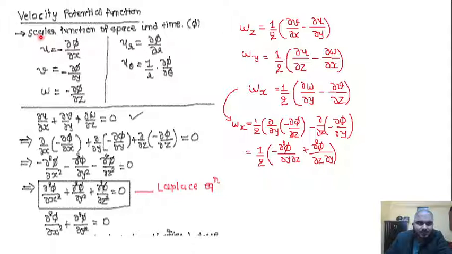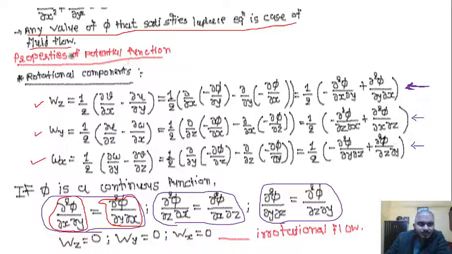It is a scalar function of space and time such that once we differentiate it, we get the velocity component in that direction. Then we obtained the Laplace equation, and then the properties of the potential function.